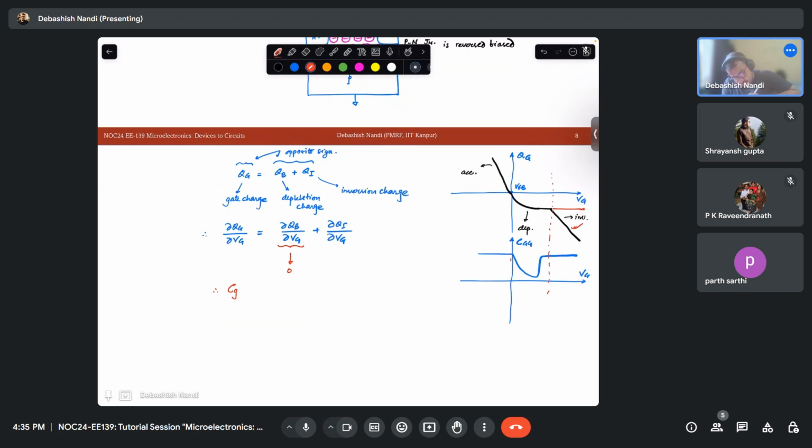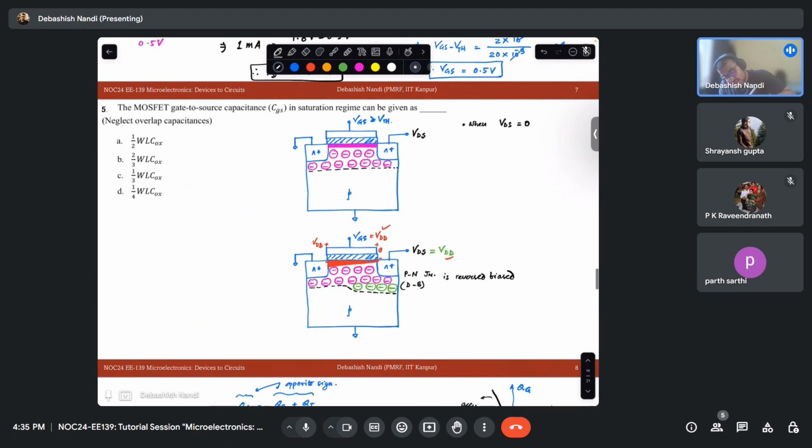So your CGG is almost equal to... or let us not go into strong inversion explicitly. Let me just do it in this way. CGG will be your CGB plus CGI, let's say. But this inversion charge QI is this one. Okay, this is your QI.